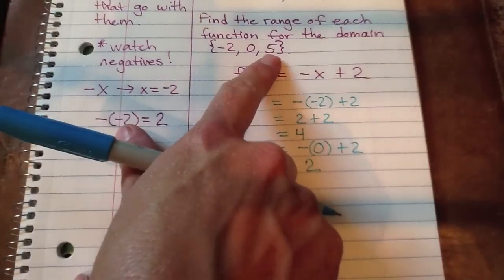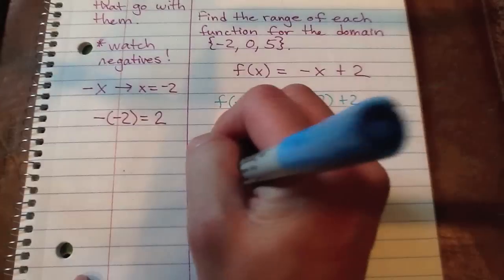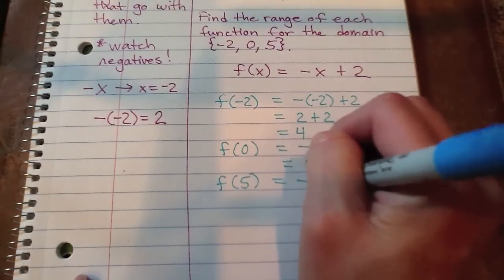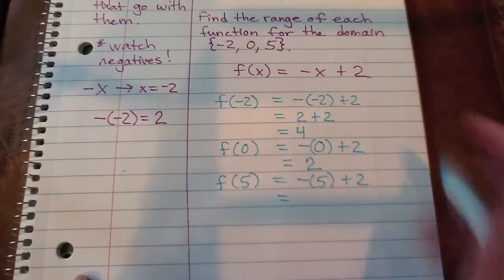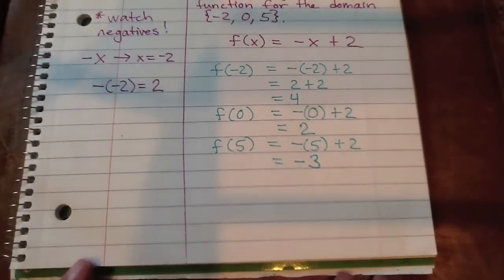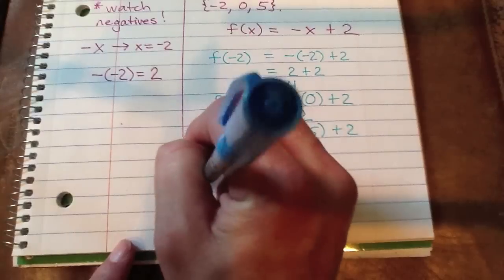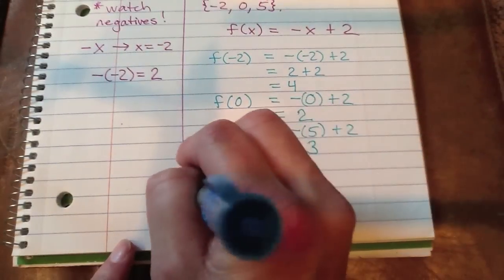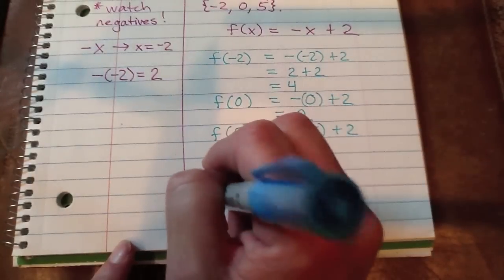Now I'm plugging in 5. So I plugged in -2, I'm plugging in 0, now I'm plugging in 5. -5 plus 2, and that's -3. Once I have those y values, now I know the range that goes with that is 4, 2, -3.